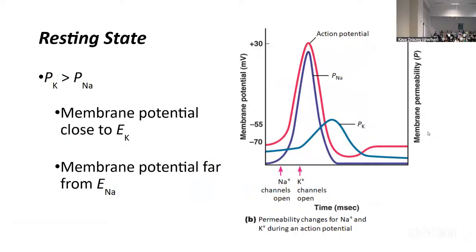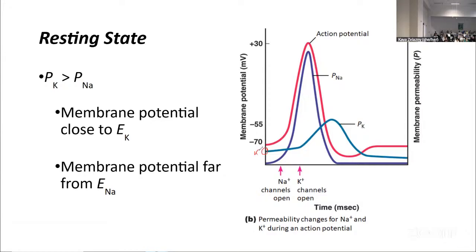Again, we're going to run through this one more time. This is still the same description of how an action potential works. Right now, we're just focusing on the permeability state. At rest, we saw that our permeability to sodium was lower than our permeability to potassium, so we have lots more potassium able to flow than sodium.